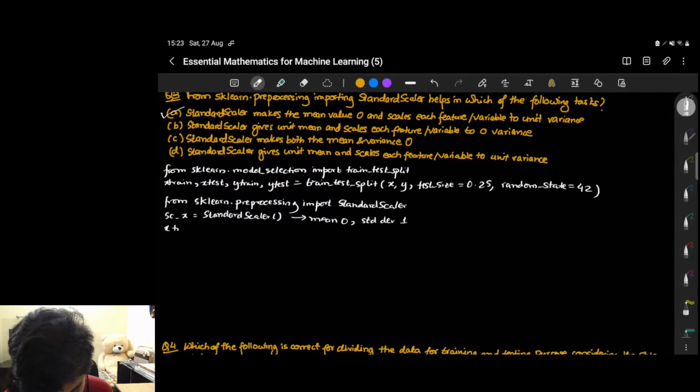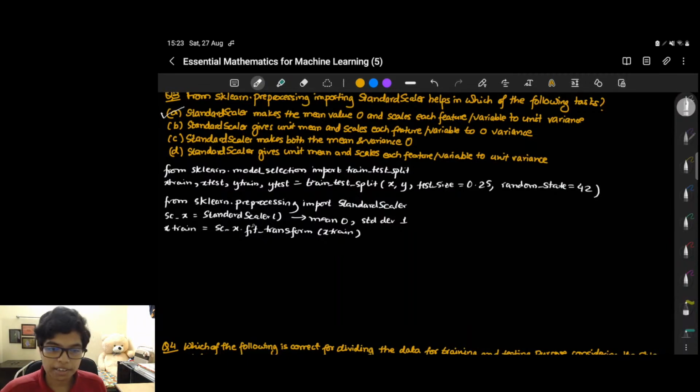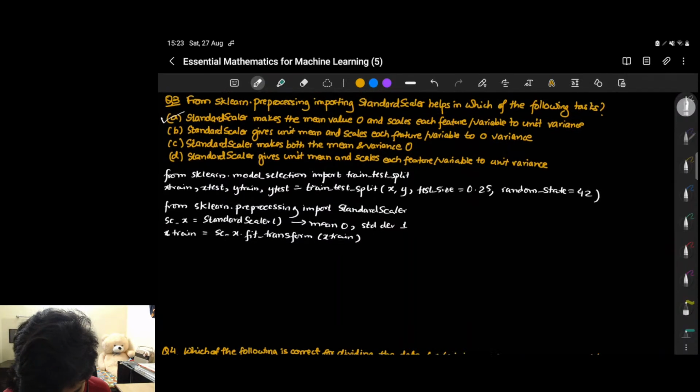And then you would use this command to implement it. This fit_transform is the one which will finally implement it. Over here, you are just creating an instance of the StandardScaler, and then in the second line you are using it to apply the scaling on your data.